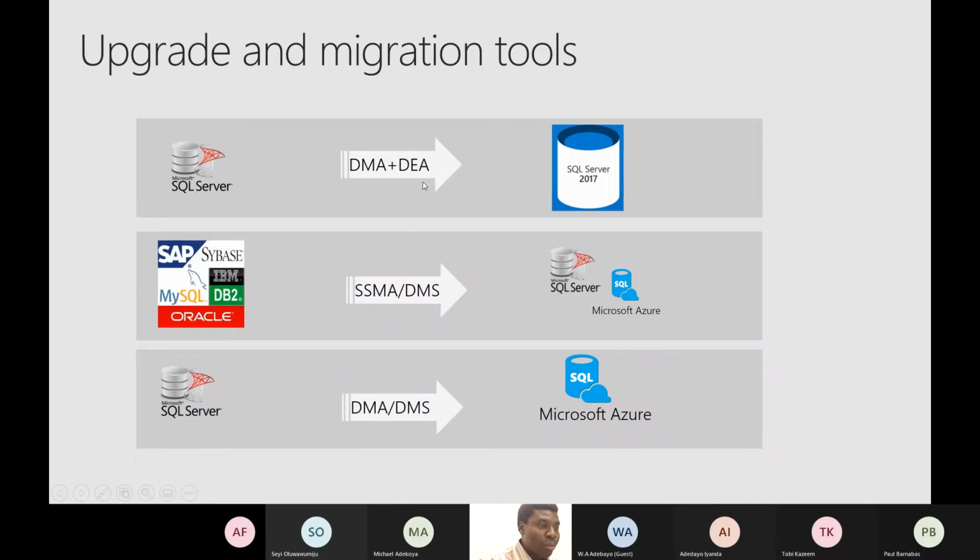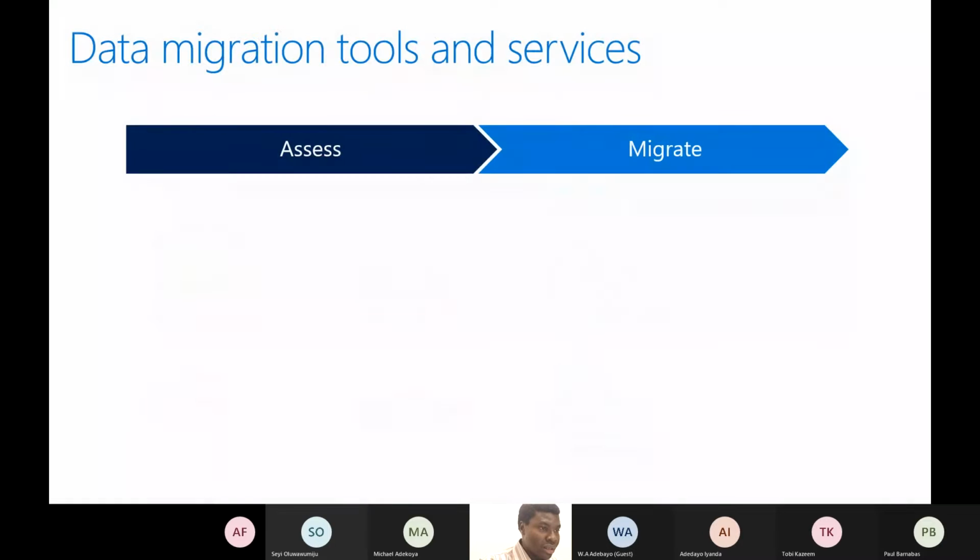This first one is more of on-premises to on-premises. This is from a different vendor, outside of Microsoft, to either Microsoft SQL Server or to Azure. And this is from on-premises to Azure. So this last bucket is what we'll be putting emphasis on, or what we'll be considering in today's session.